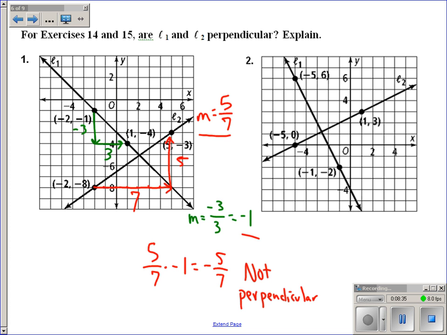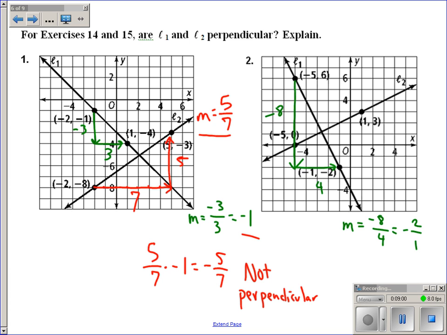Okay, in this second problem, I'll first look at line 1. The rise is -1, 2, 3, 4, 5, 6, 7, 8. And the run is +1, 2, 3, 4. So this slope is the rise over the run, which I'll simplify to be -2/1.